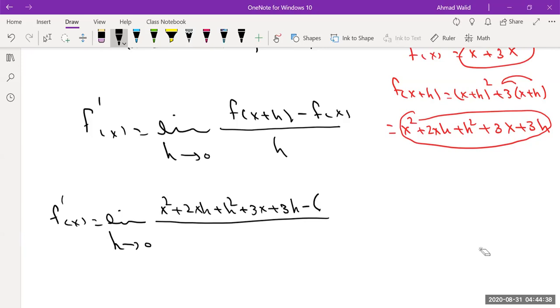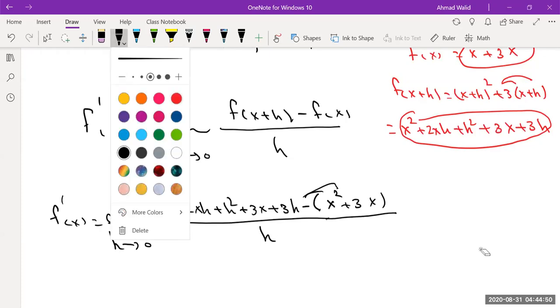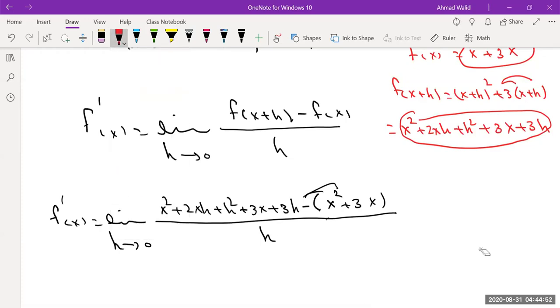Your f of x was x squared plus 3x, right? Over h. Distribute the negative. To save a little bit of space and time, I will do this. If I distribute the negative, this one becomes negative, this one becomes negative, right?